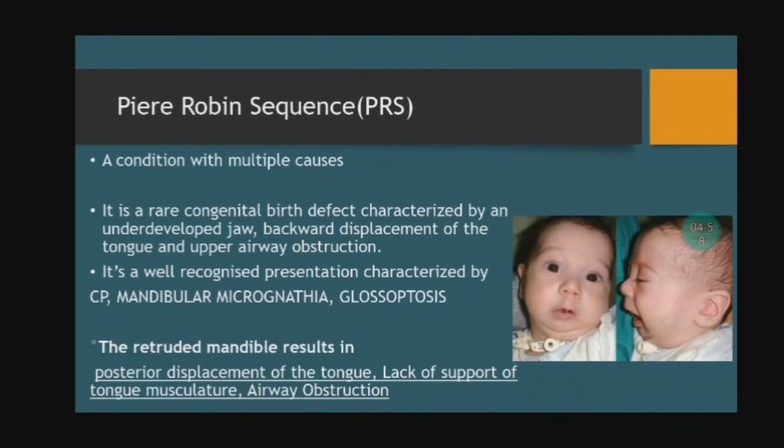Pierre Robin sequence, the PRS. It is a condition with multiple causes. It is a congenital defect observed in humans which is characterized by facial abnormalities. Cleft palate is also commonly present in children with Pierre Robin sequence.